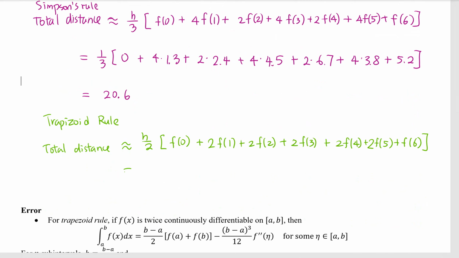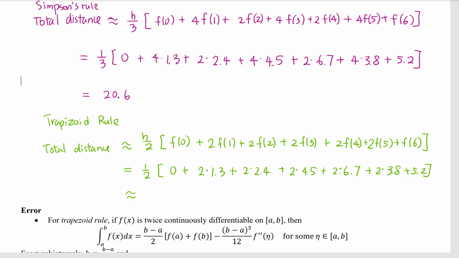So h is 1, so we have 1/2. f of 0 is 0, and then 2 times 1.3, 2 times 2.4, and then 2 times 4.5, 2 times 6.7, 2 times 3.8, 5.2.